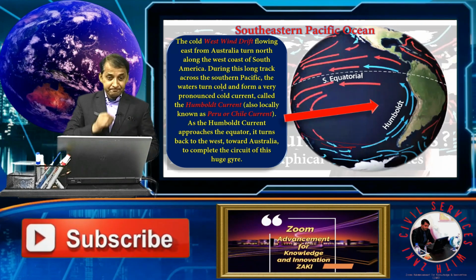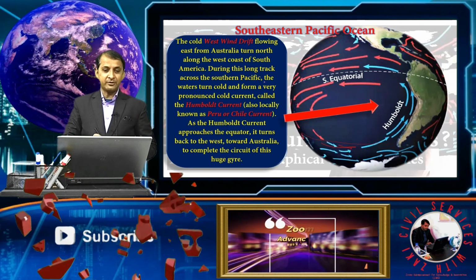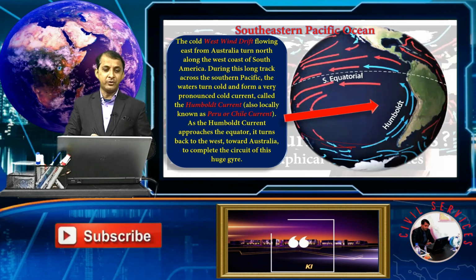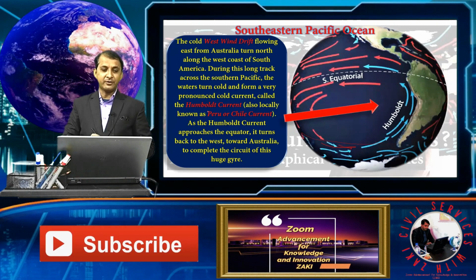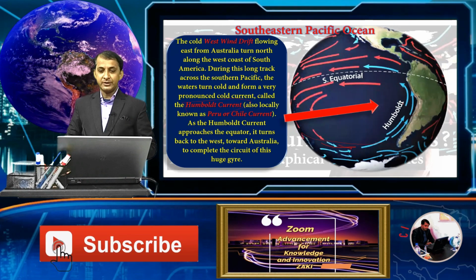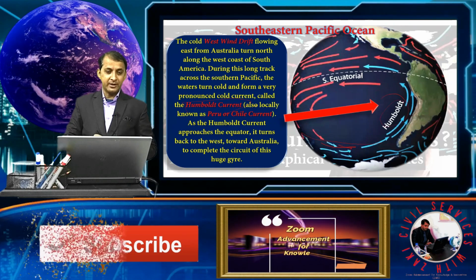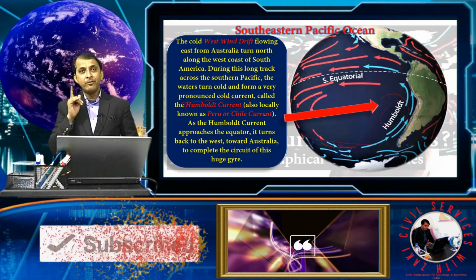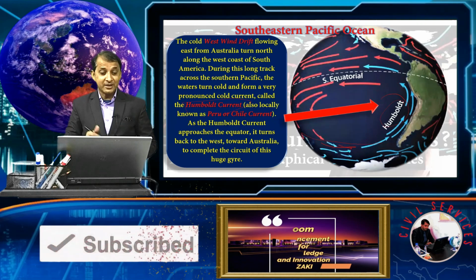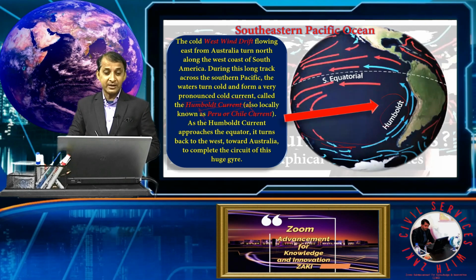Across the southern Pacific, the water turned cold and formed a very pronounced cold current called the Humboldt current. The Humboldt current is also known as the Peru or Chile current.